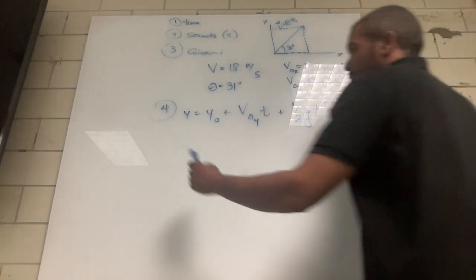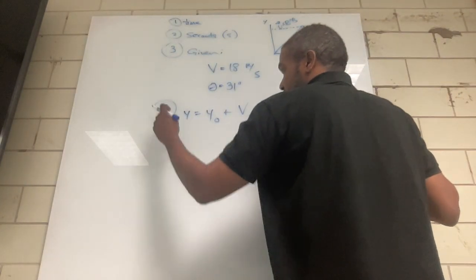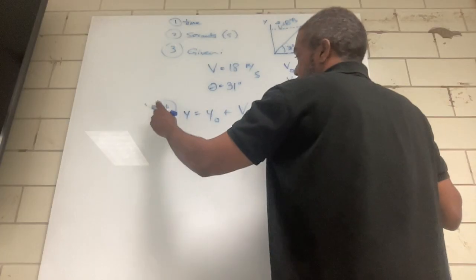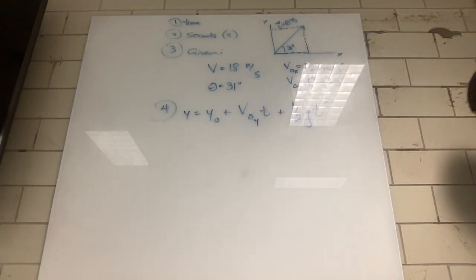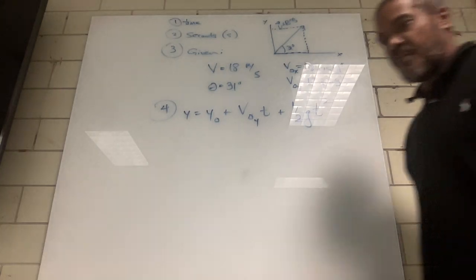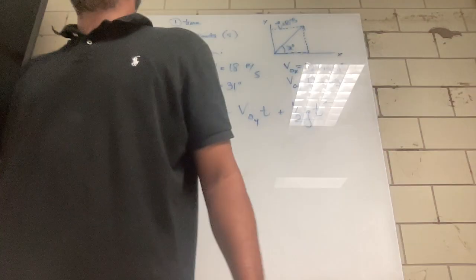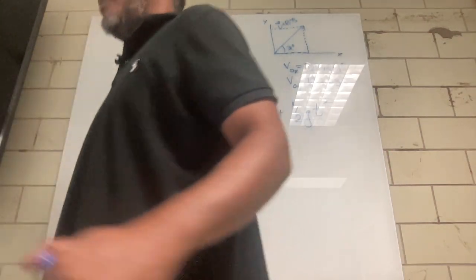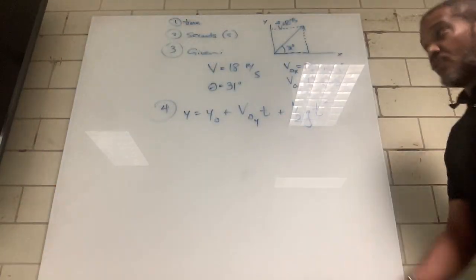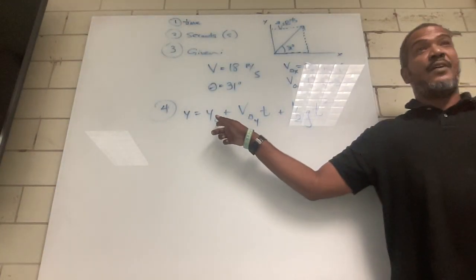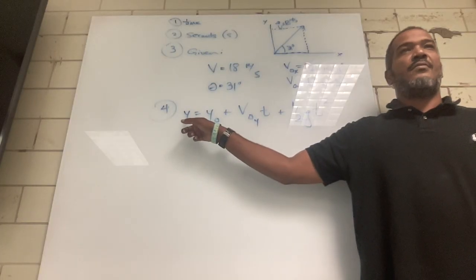So now we come here. When we kick the ball from the ground, from y equals 0, where does the ball land back? If I kick the ball from the ground, it lands back on the ground, so it's going to land back at 0. So y0 is 0 and y is 0.